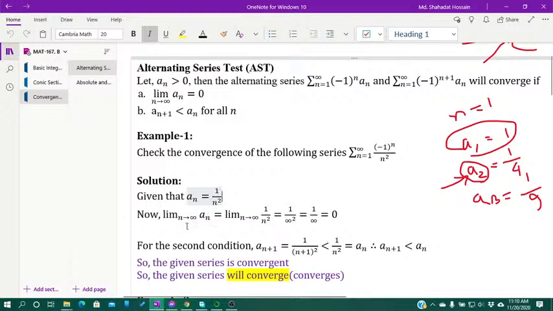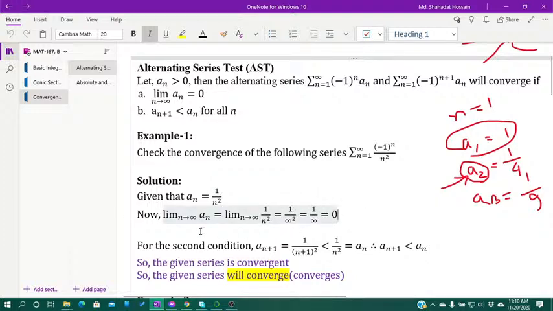Now we are going to determine the limiting value of a_n. If I substitute the value of a_n here, I can see 1 by infinity squared, that means 1 by infinity, so this is 0.